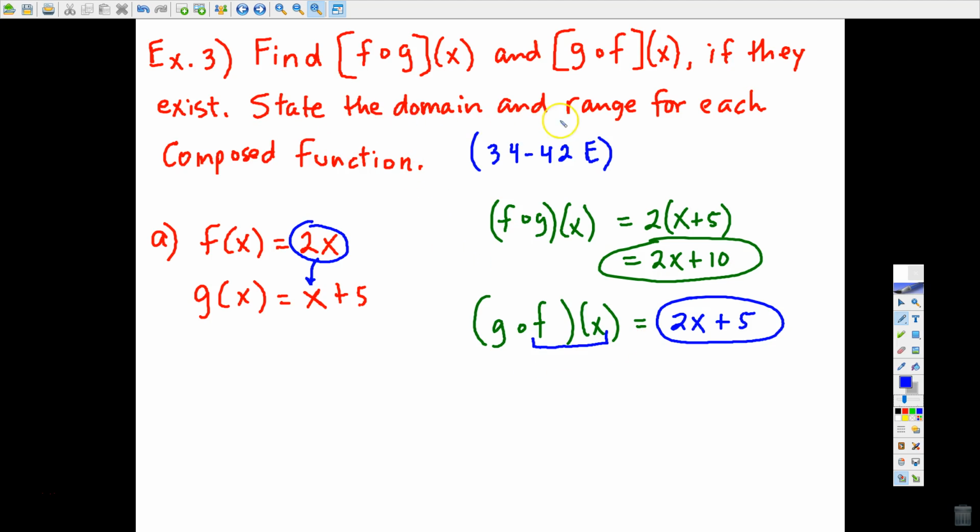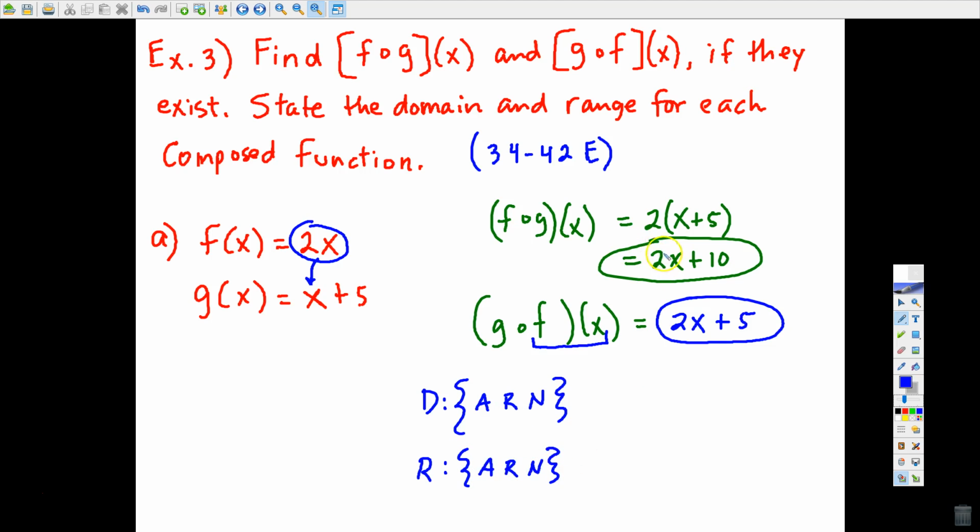Okay, so the domain and range for each. Well, these are both linear. So the domain is going to be all real numbers for all of these. We can use any domain we want. And for lines, the range is also going to be all real numbers.